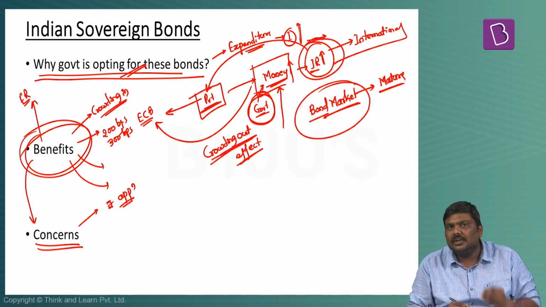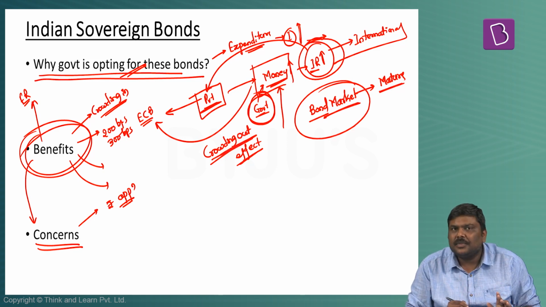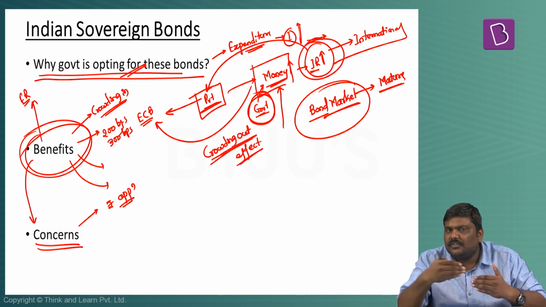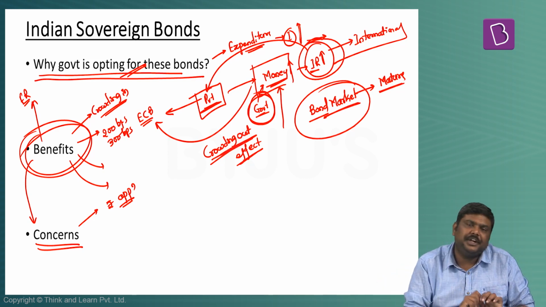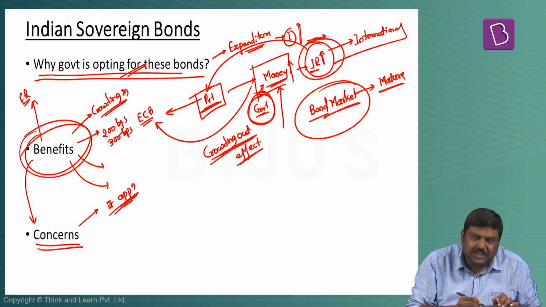I'll repeat the statement. When the dollar flows into India, there will be supply of dollars in the forex market, demand for rupees will increase, rupee will start appreciating. And when rupee appreciates, the imports will become cheaper.